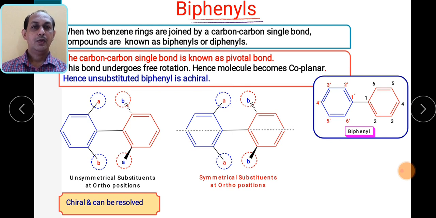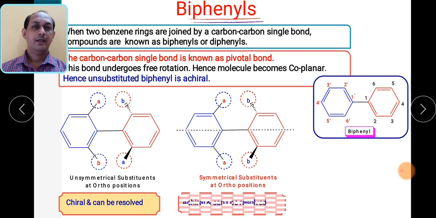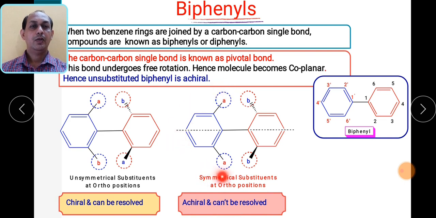So due to the plane of symmetry and presence of symmetrical substituent at ortho position, you will have symmetry element present. So as we know that once the symmetry elements are present, whether it is a plane of symmetry, center of symmetry, or axis of symmetry, the molecule will not show any optical activity. So such a kind of molecules will be achiral and cannot be resolved.